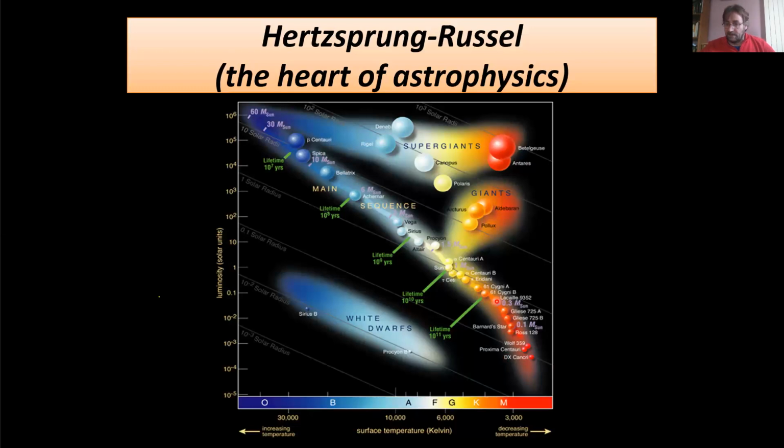This allows us in the Hertzsprung-Russell diagram to give them the lifetimes, roughly, of the stars. And we see our sun is again 10 to the 10 years. What is this? 10 to the 6 would be million, 10 to the 9 is billion. So we have 10 billion years.